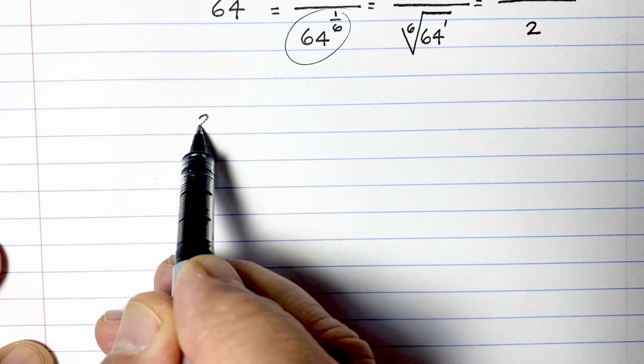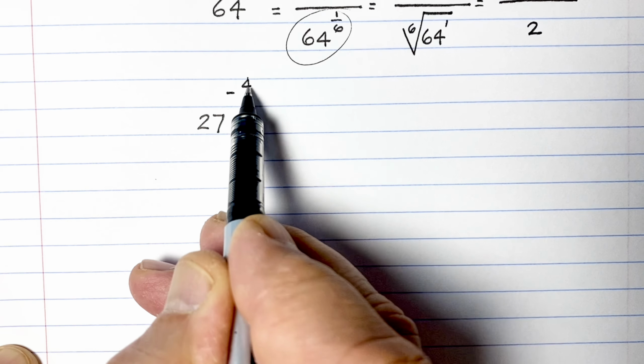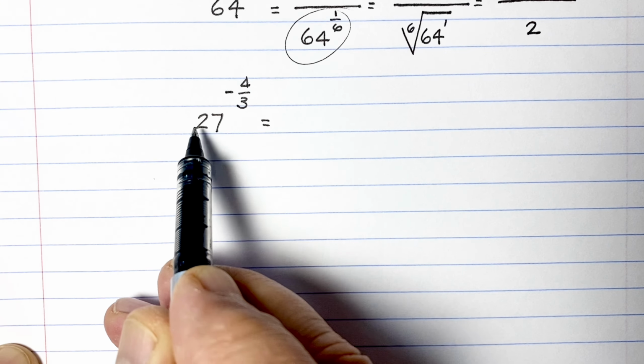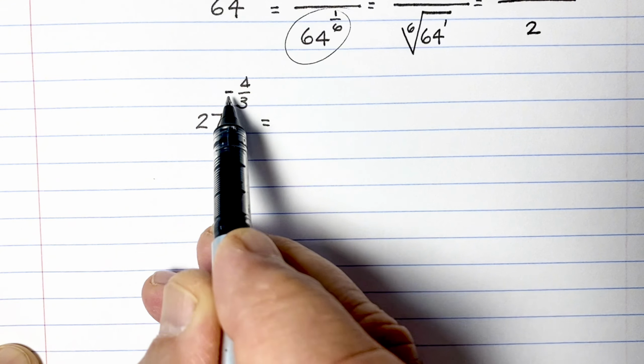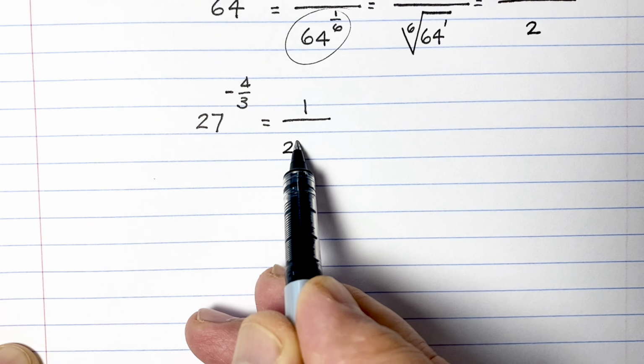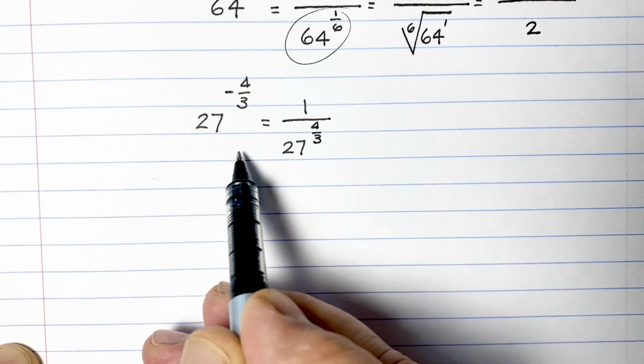Let's have 27 to the power of minus 4/3. So here, because of the minus, I use law number 4. So I've got 1 over law number 5.